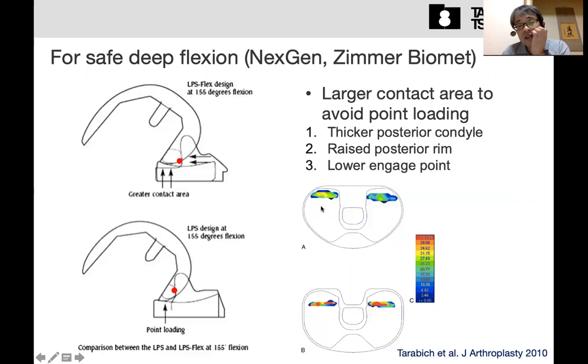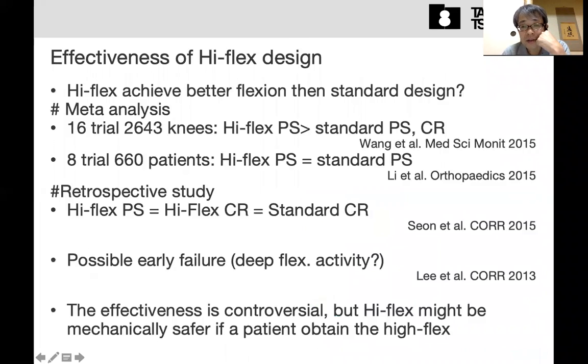But on the contrary, this is a high flex design that can keep a wide contact area, and the contact stress is reduced compared to the standard design. So is it effective for deeper flexion? There are two meta-analyses.